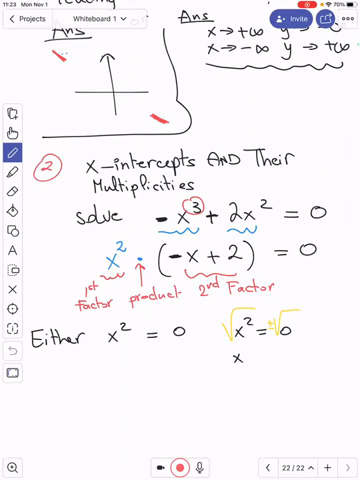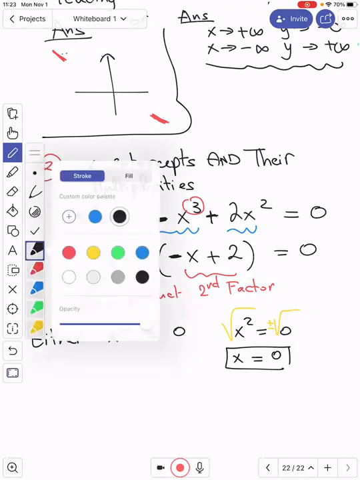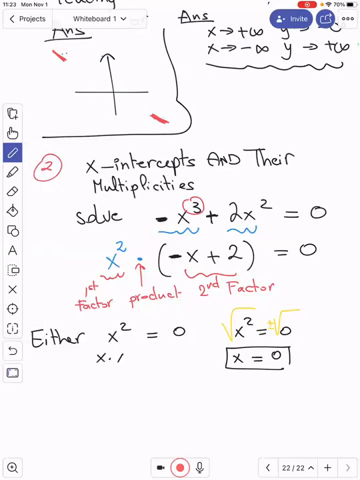So your x is just 0, right? That's your first solution. Now, what's the multiplicity of this solution, guys? Any guess? It's 2, right? Because it's x squared, it's x times x. So x equal to 0 is actually a 2 times solution because of the exponent. So x equal to 0 is of multiplicity 2.